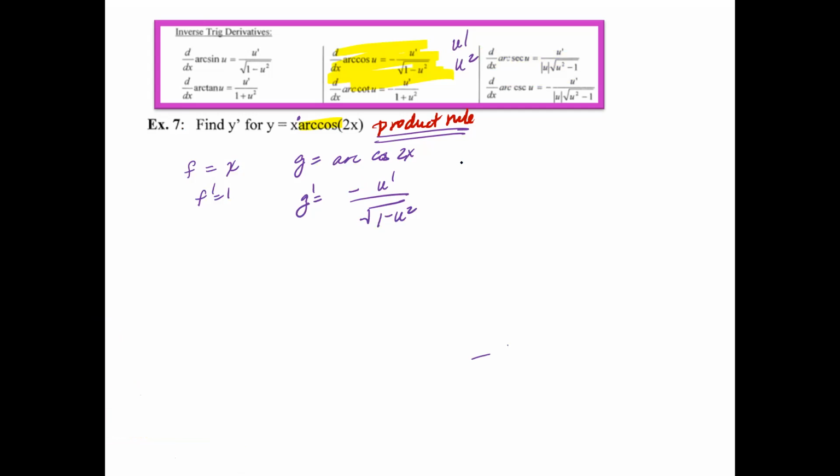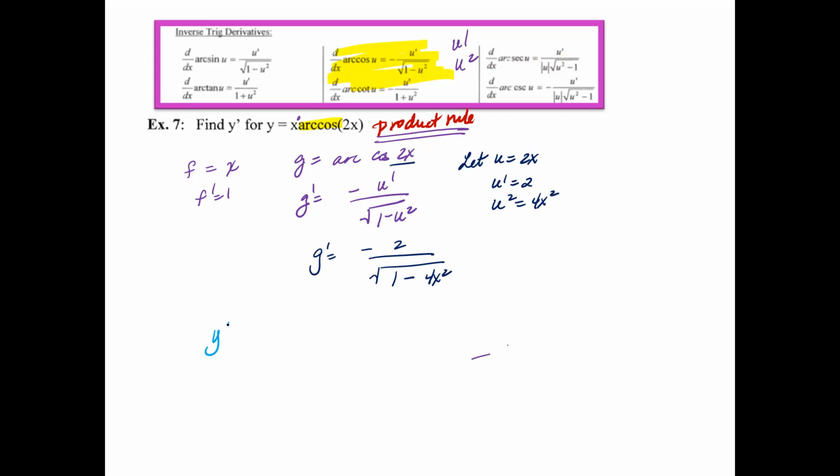So with this situation, let's let u be 2x, u prime is 2, u squared is 4x squared. So g prime equals negative u prime, which is a negative 2, over the square root of 1 minus 4x squared.